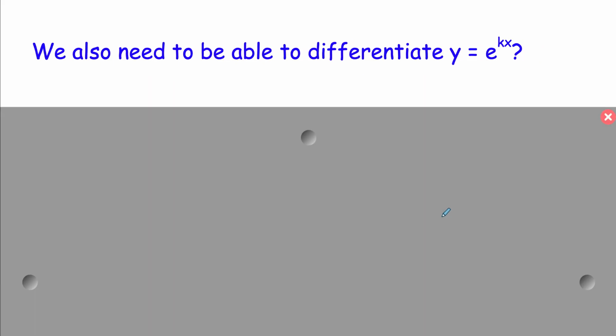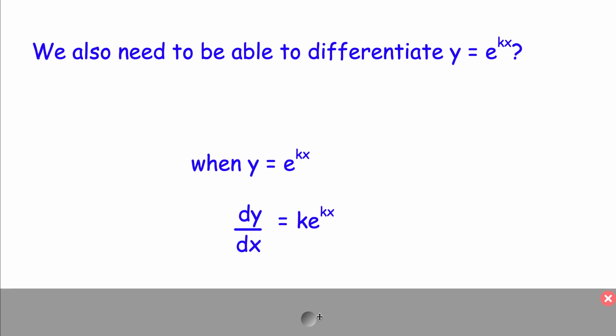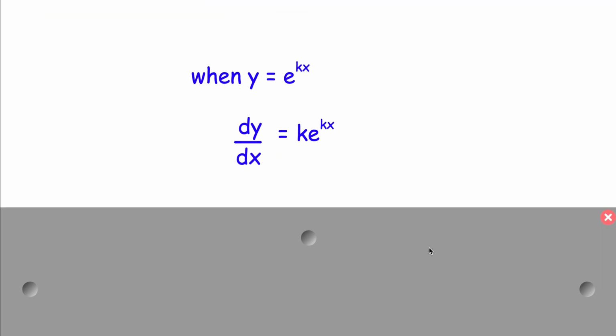I'm going to take that a little bit further. We are actually going to need to know how to differentiate multiples of x, and you will learn the reason why this is true, but at the moment I'm not going to explain why. I'm just going to tell you the rule. And the rule is that the k, it's the same thing again.